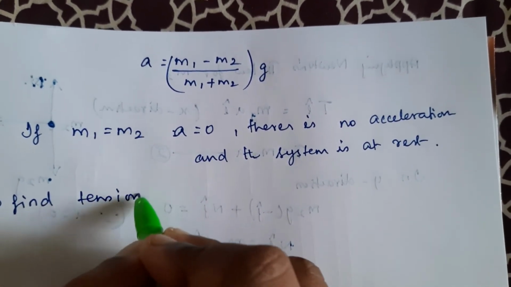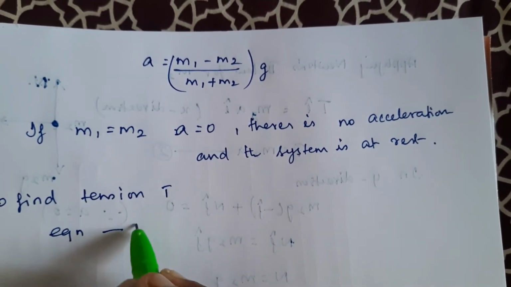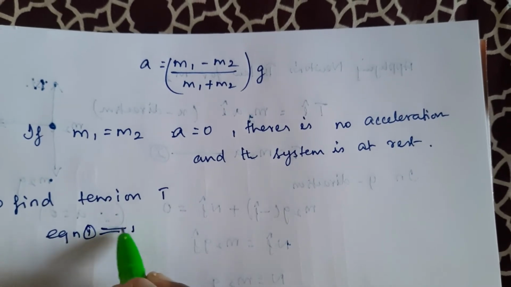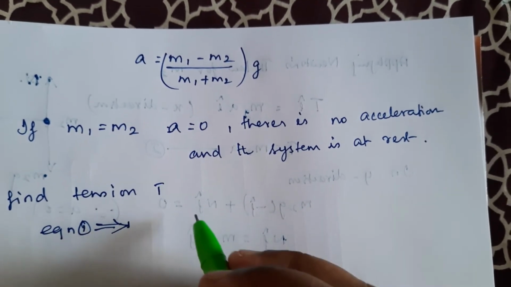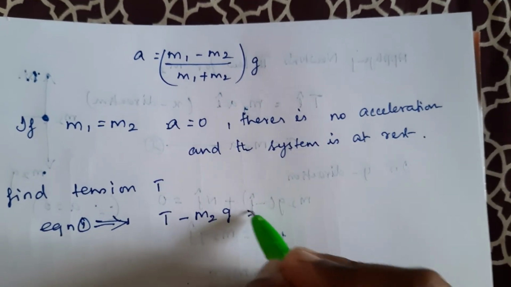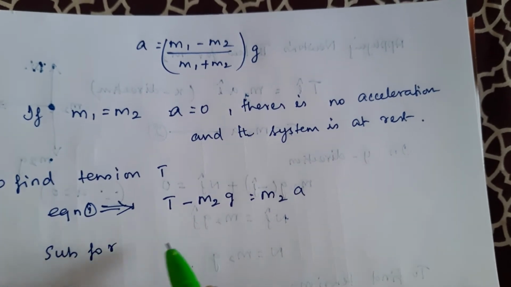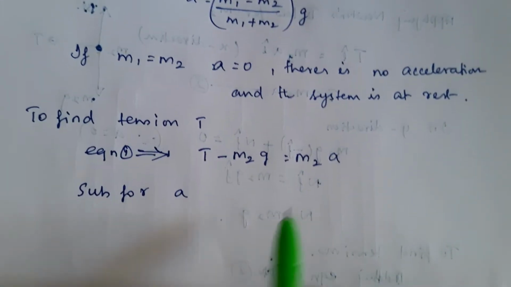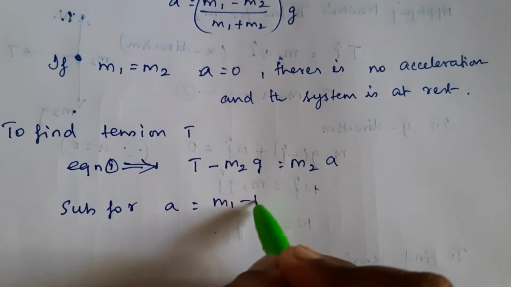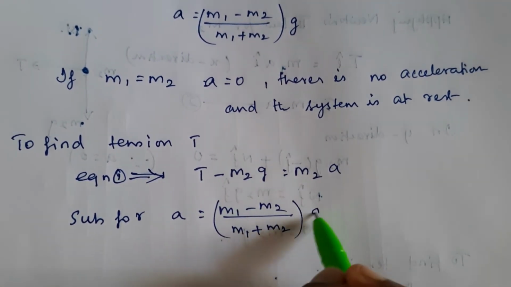Now we can go on to find the tension T. Equation 1 is T minus m2g equal to m2a. Substitute for a: a is equal to (m1 minus m2) by (m1 plus m2) into g.